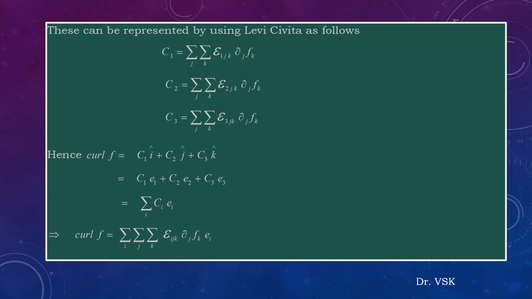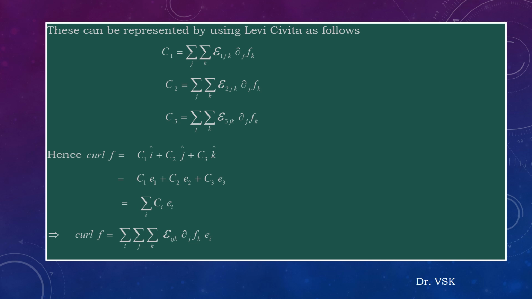Let's see whether these are equal to our previous notation or not. For example, let us consider the first component C1. C1 equals summation sigma over j, summation sigma over k, epsilon sub 1jk ∂j Fk. Here j and k take the values 1, 2 and 3.